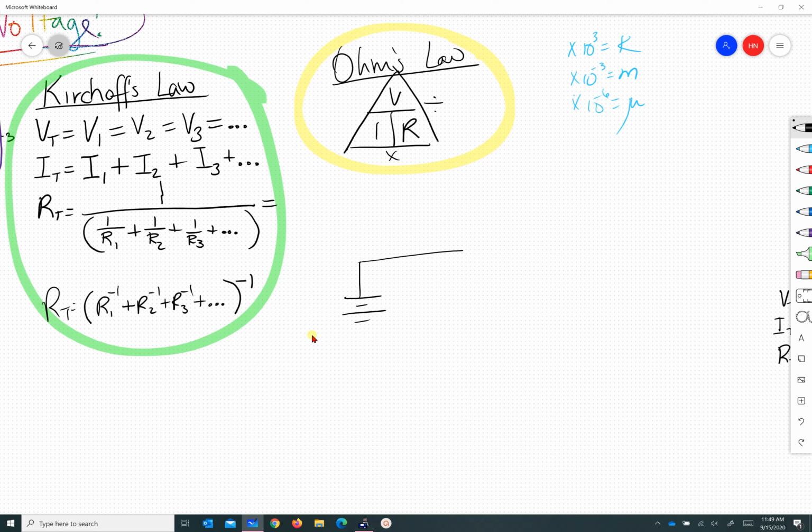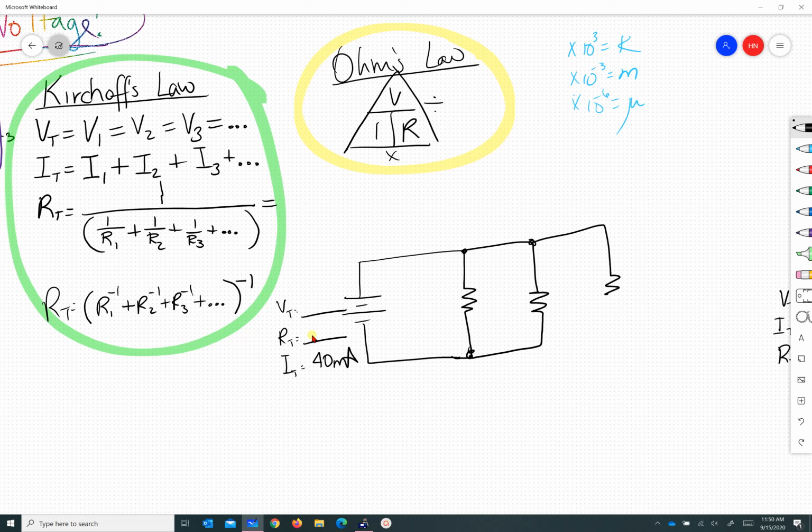This time I do not know the total voltage. I do not know the total resistance, but I do know the total current is 40 milliamps. Now I'm going to have 3 devices as well. So we have 1 device, 2 devices, and 3 devices.